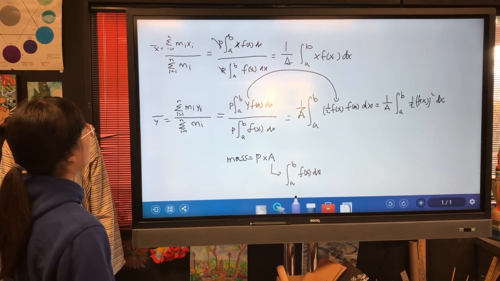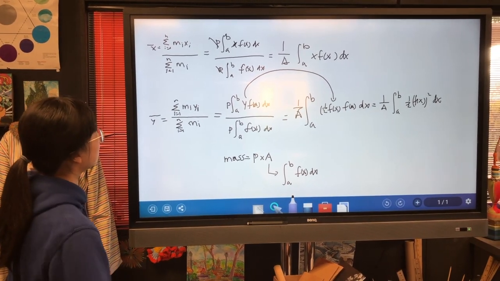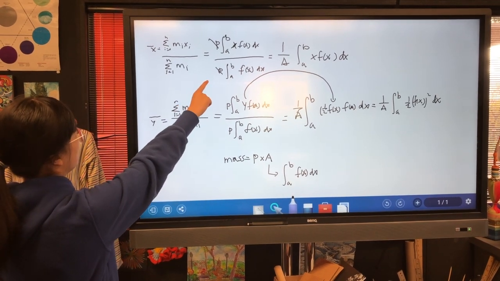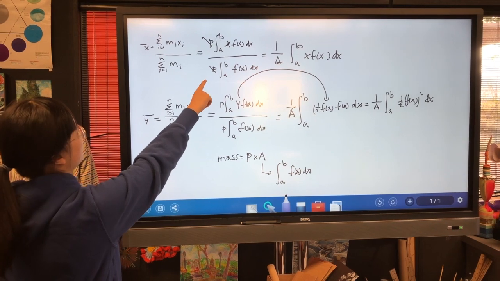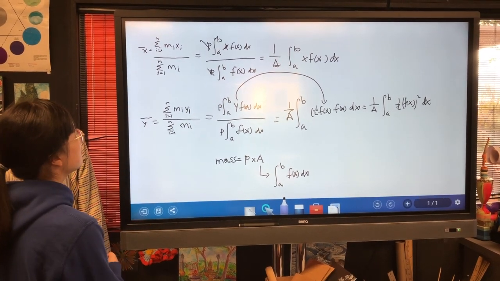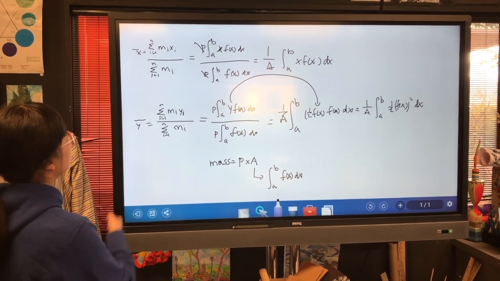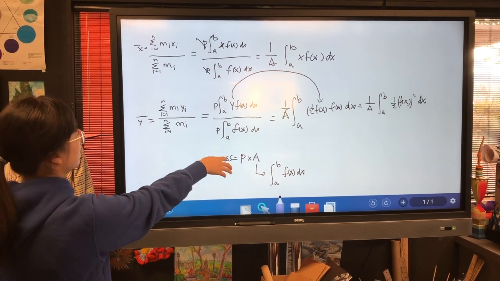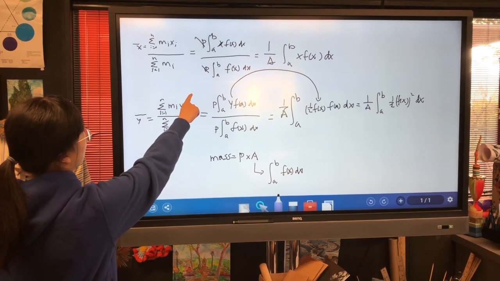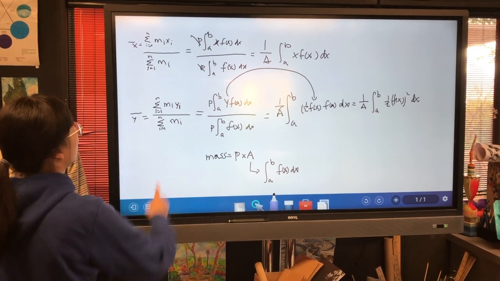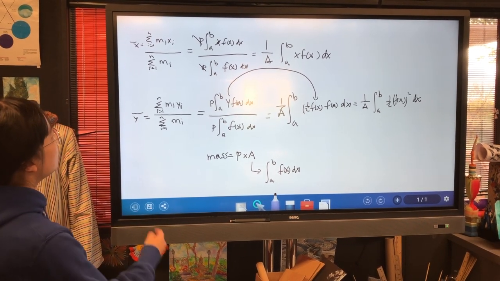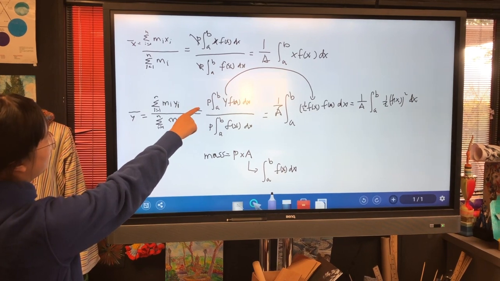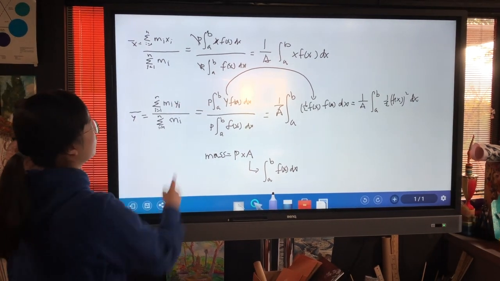So m becomes rho times the integral, and we're left with the x, so we're just putting the x inside of the integral. The bottom part becomes rho times area, and we write area as an integral. The rho cancels out on the top and bottom, so the denominator becomes just A.